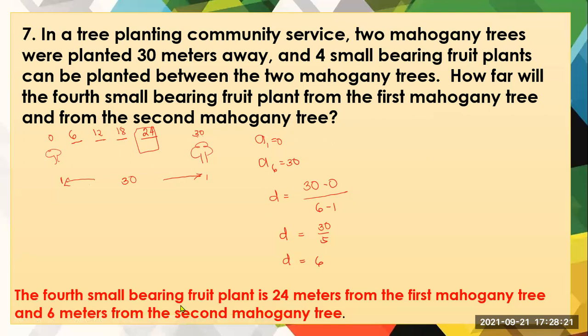So the 4th small bearing fruit plant is 24 meters from the first mahogany tree and 6 meters from the second mahogany tree, because it's 24 meters and here is 30 meters. So the difference between the two is 6 meters.